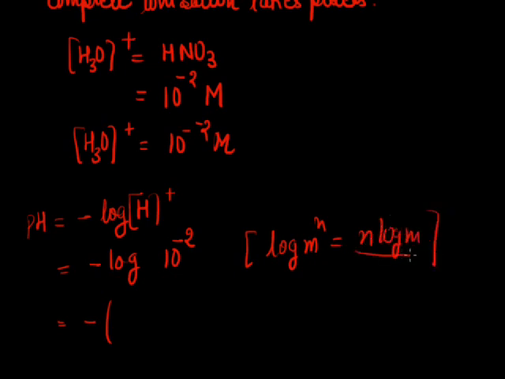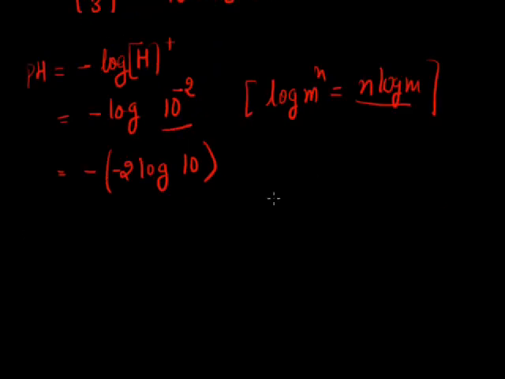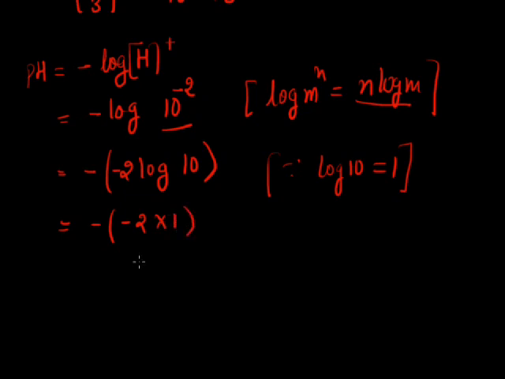Applying this formula, we get minus of minus 2 log 10. The value of log 10 is 1. Putting the value of log 10, minus 2 into 1, we get 2. So the pH of the solution is 2. On the basis of this, we can easily solve this question.